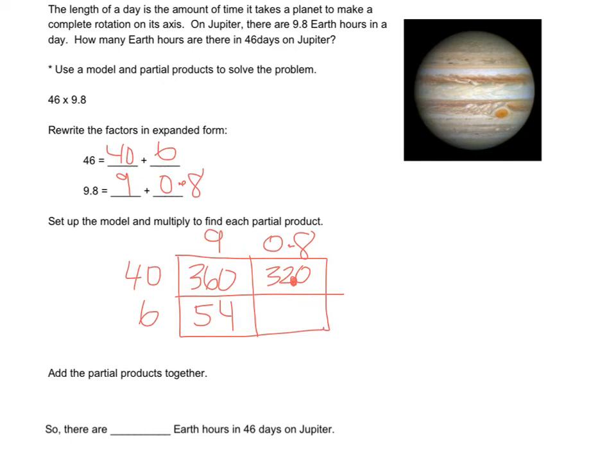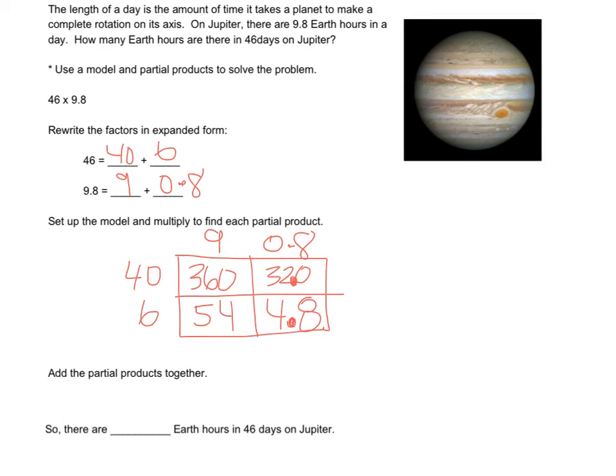With 6 times 8/10, right here, I'm going to think of 6 times 8 is 48. And then again, I've got one digit in the decimals here, so I should have 1 here in my product.